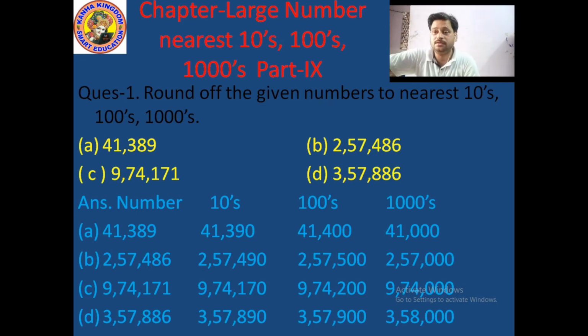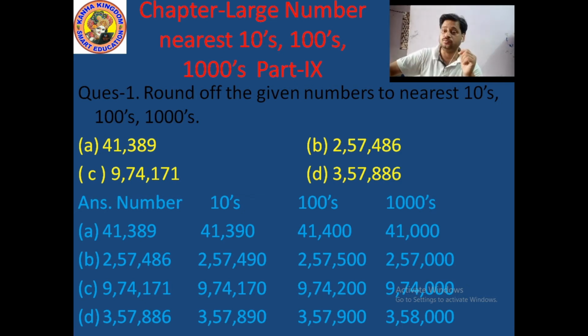Okay, now nearest 100 of this number. The question is 3,57,886. In nearest 100 you check the tens place and the 100 place. Which digit is in the tens place? Yes, 8 in the tens place, and we all know 8 is greater than 5.